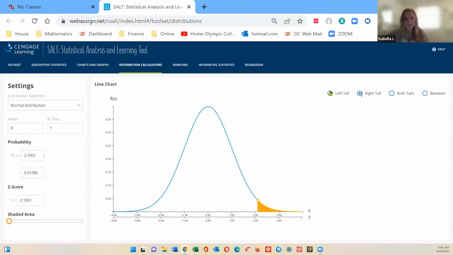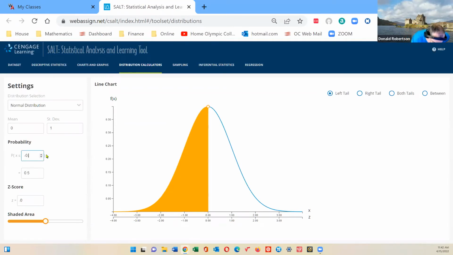Left. It'd be the left. This is an easy way to remember: left is less, L and L. So I want it to be less than negative 0.9, because that's what the question is. And the answer you get is about 0.184 and some other digits.